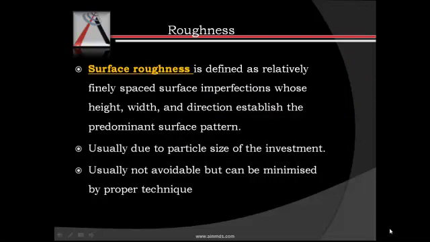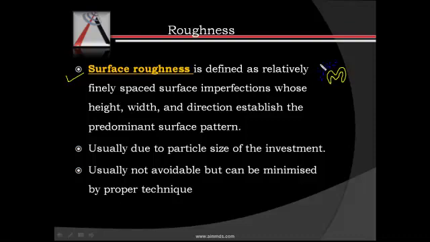Next, we'll be talking about the next type of defect, that is roughness. Roughness is a finely spaced surface imperfection. At this point you should remember how our wax pattern was invested in the investment.